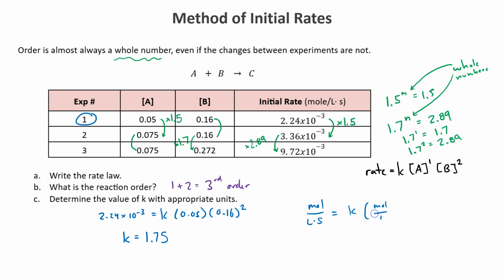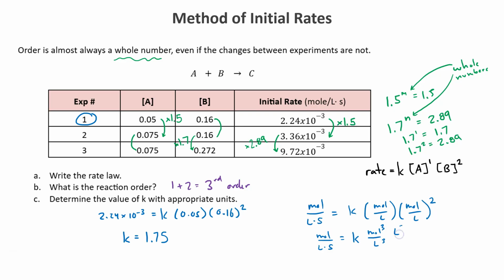The concentration of A, of course, like any concentration, moles over liters, and B would be moles over liters squared. If we start simplifying this down, over here on the right hand side, multiplying all those moles over liters together, I get moles cubed over liters cubed, and I didn't touch the left hand side yet, so that's still moles over liters times seconds.